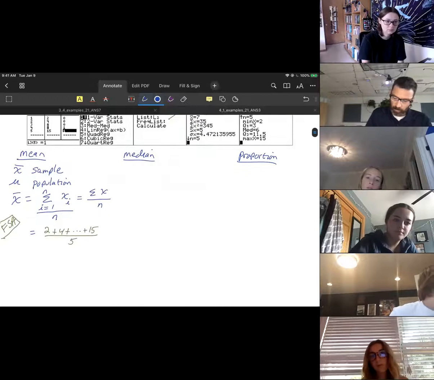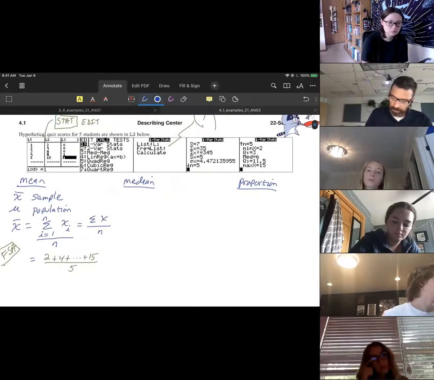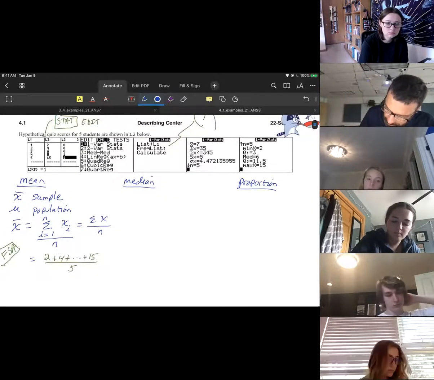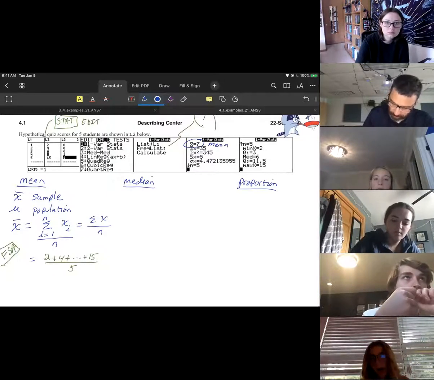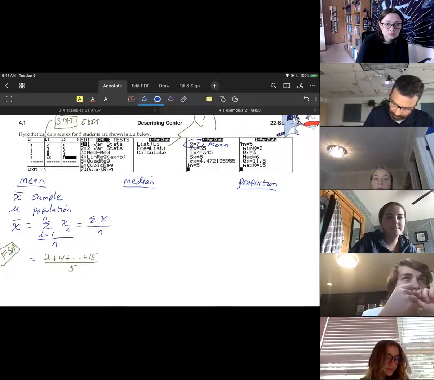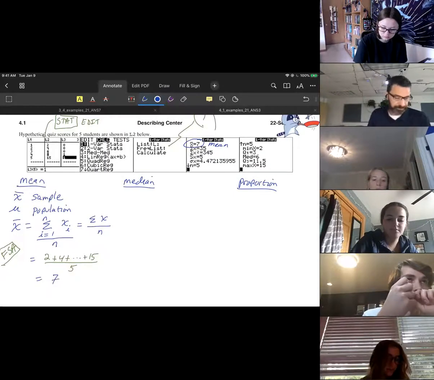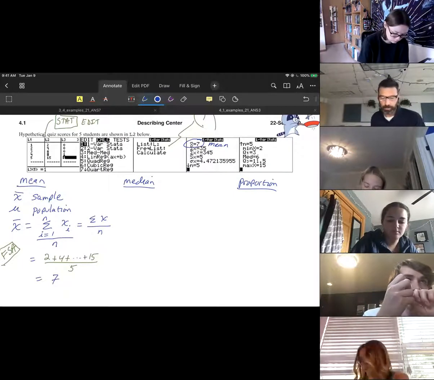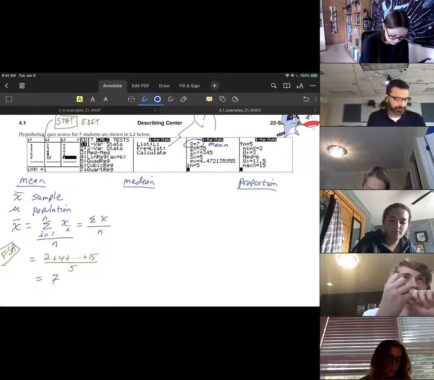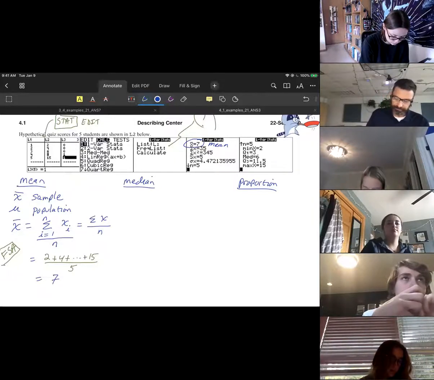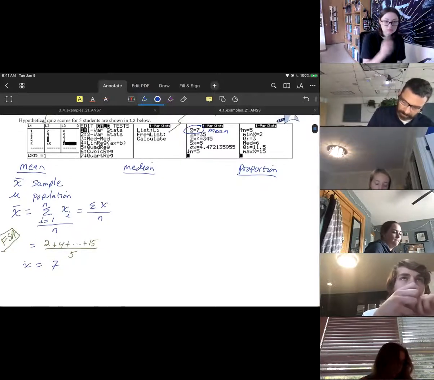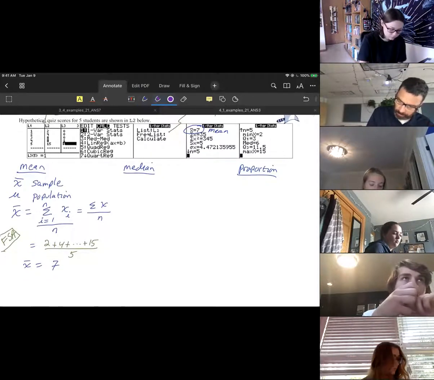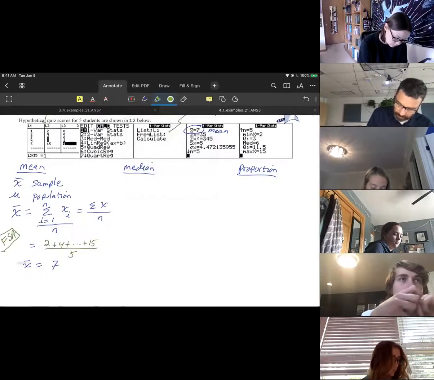Okay, and when I do that calculation on my calculator, the mean, which is right here in the calculator output, equals 7. The average score on that quiz was a 7. Okay, and it doesn't hurt in the end to actually bring down the symbol and say X bar equals 7. And then of course we always highlight because we can.